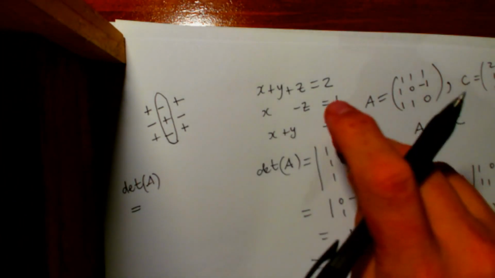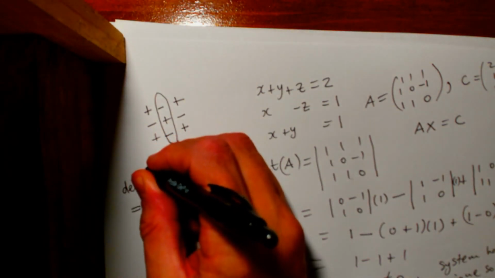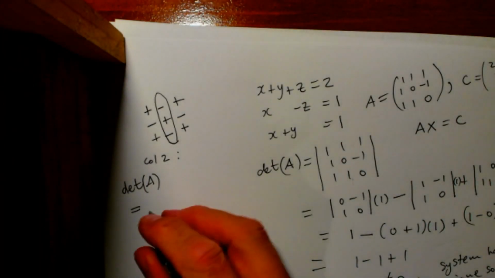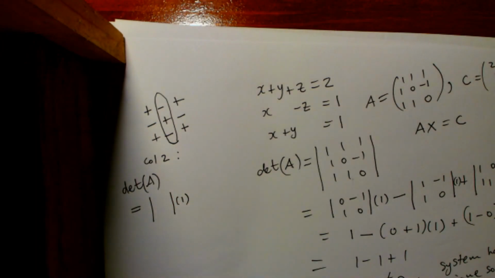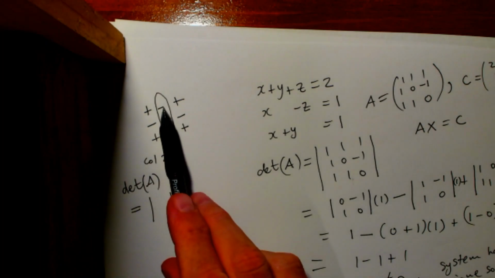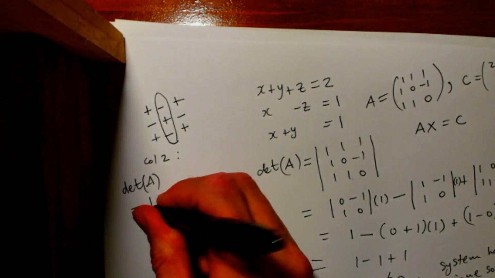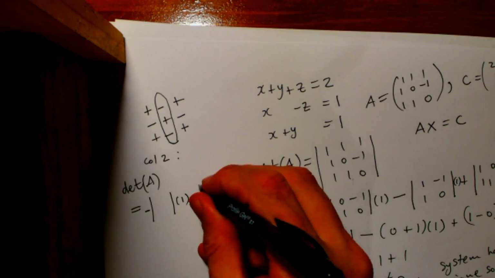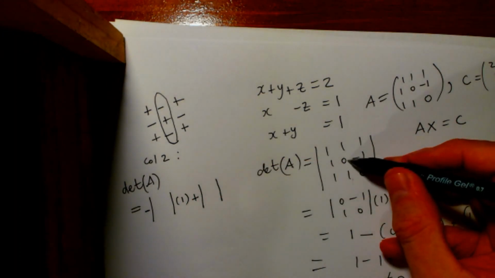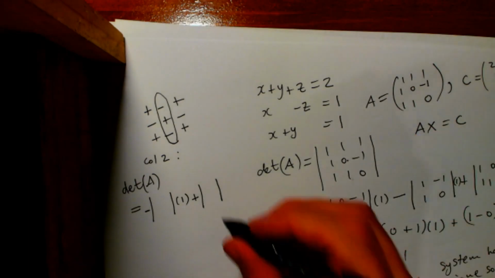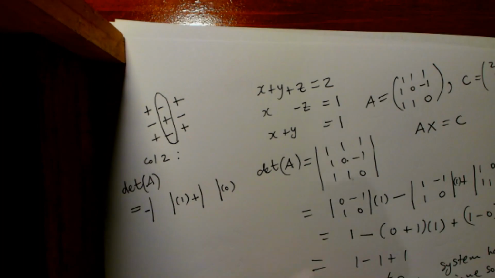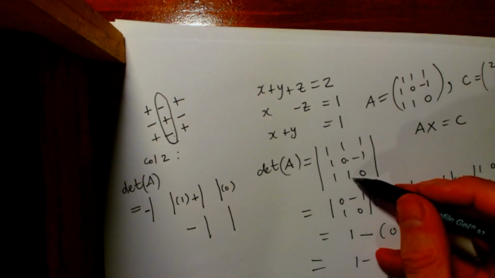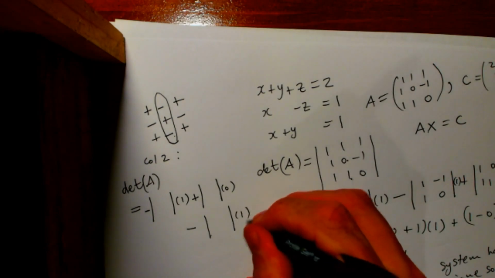Alright, so expanding across the second column, we have a determinant multiplied by 1, but notice the first sign is minus, so we would start off with a minus sign there, and then the next sign is plus in our checker pattern, a determinant times the second entry in that second column, so times 0, and then minus, according to the checker pattern, a determinant times the last entry of that column, which is 1.